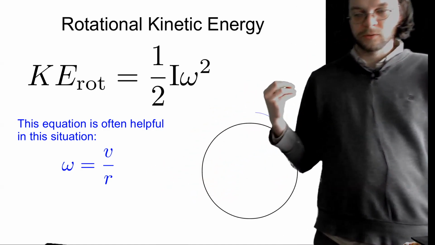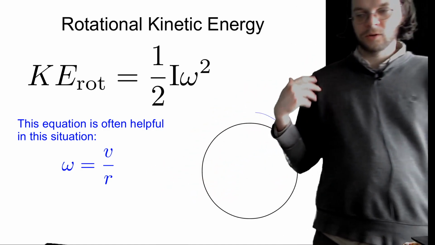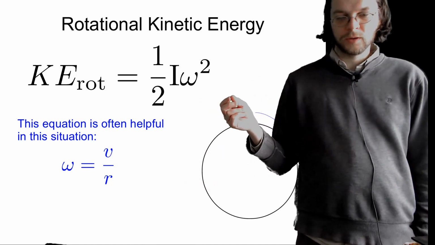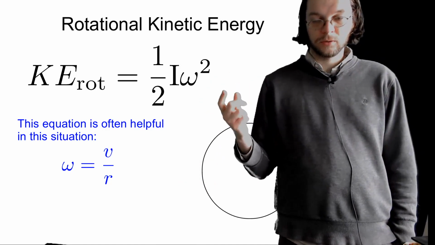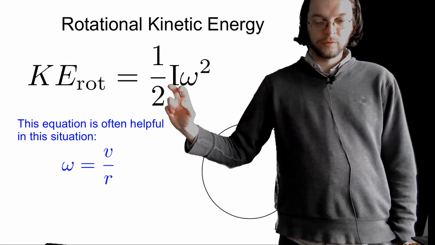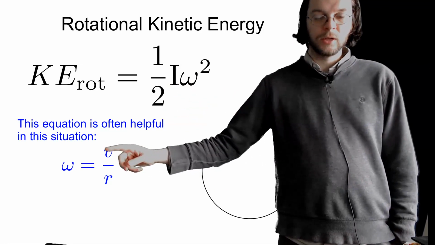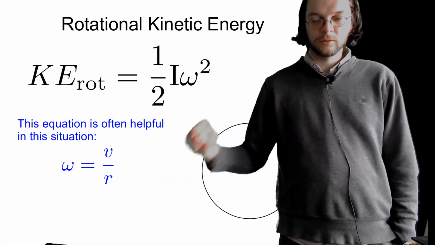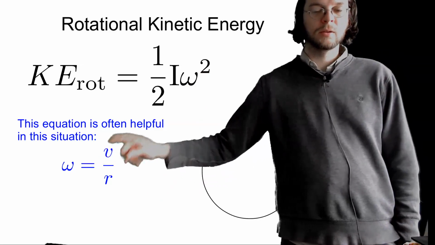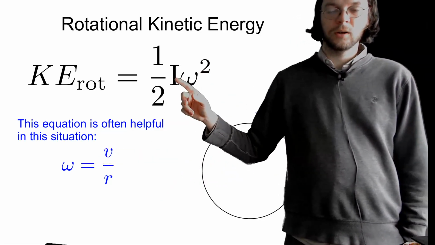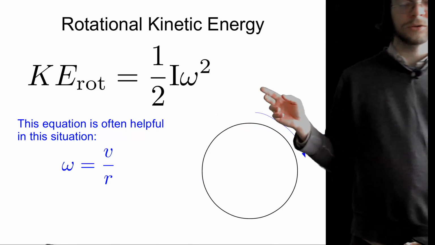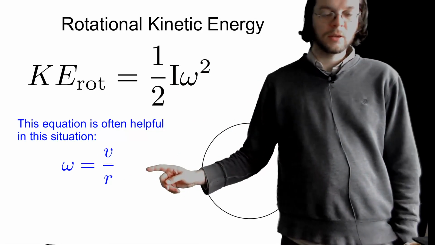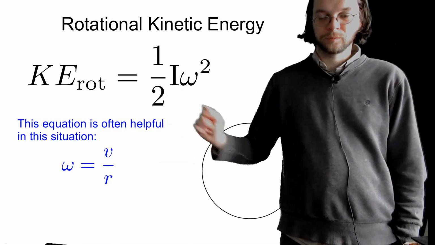For example, if you are driving your car and you want to know the rotational kinetic energy of just your wheels, just the fact that they're rotating, not moving forward, then you take the speed of your car, divide by the radius of your wheels, and that gives you the angular speed. Stick that into there, and figure out what the rotational inertia of your wheels is. Anyway, this is often very helpful.